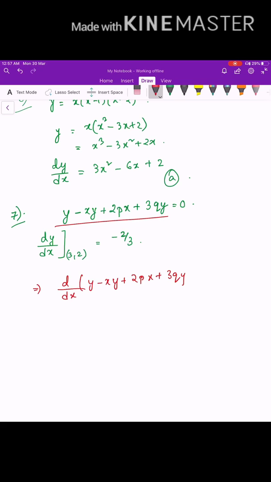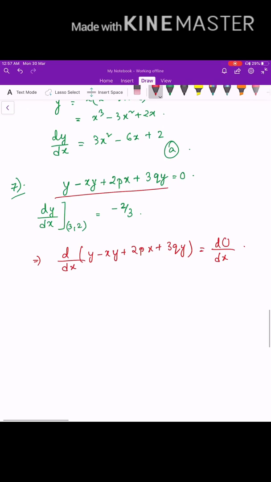Okay. So if I differentiate y with respect to x, I get dy by dx. Minus, I have to differentiate xy, taking the first as constant, differentiating the second, plus taking the second as constant and differentiating the first. First, that is x. If I differentiate x with respect to x, I get 1. Plus 2p as constant, differentiate x with respect to x, 1.